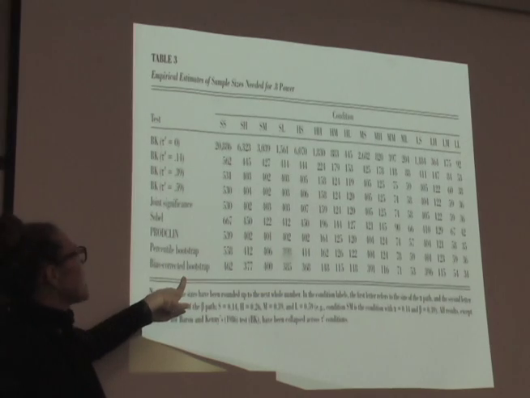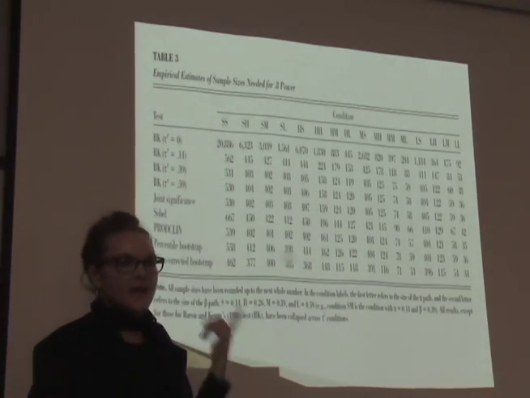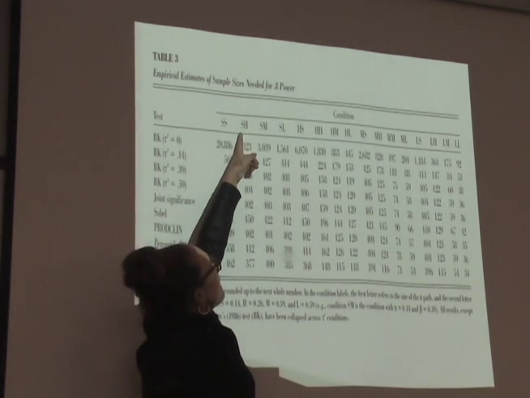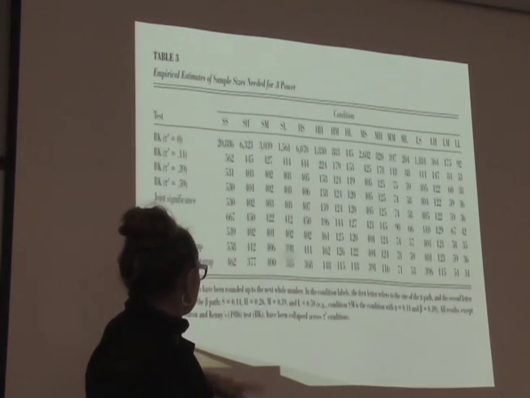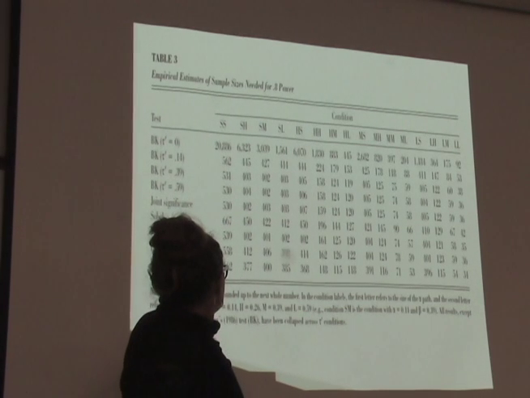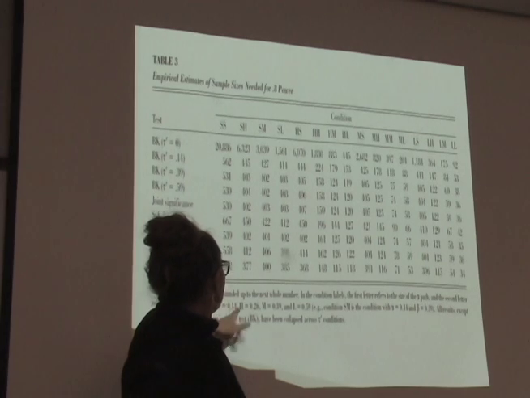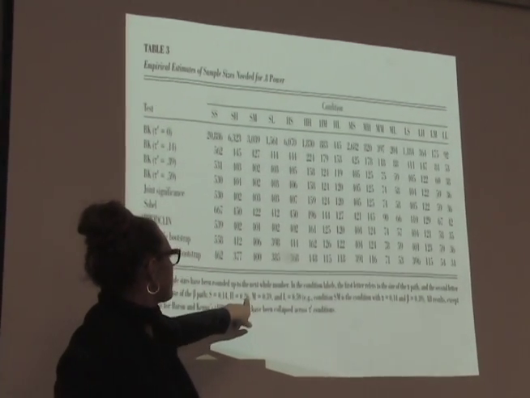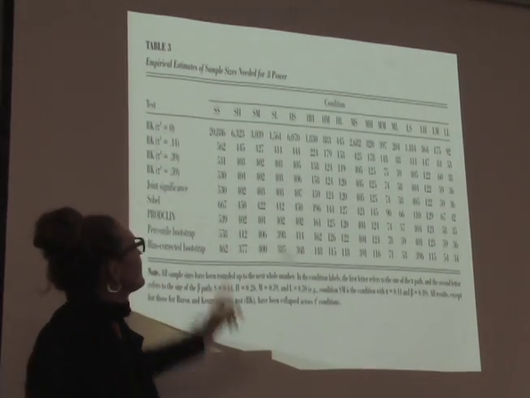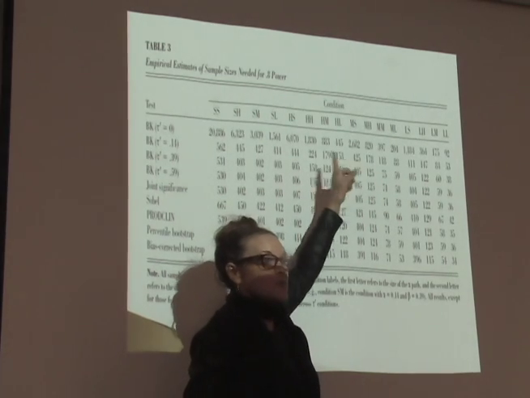And you just go across and you're looking at the size of the effect at the A or the B path, and it gives you all the scenarios. We've got a small, we've got a medium small, we've got a medium, and then we've got a large. Okay? And so those are all the different combinations of A and B path effects.